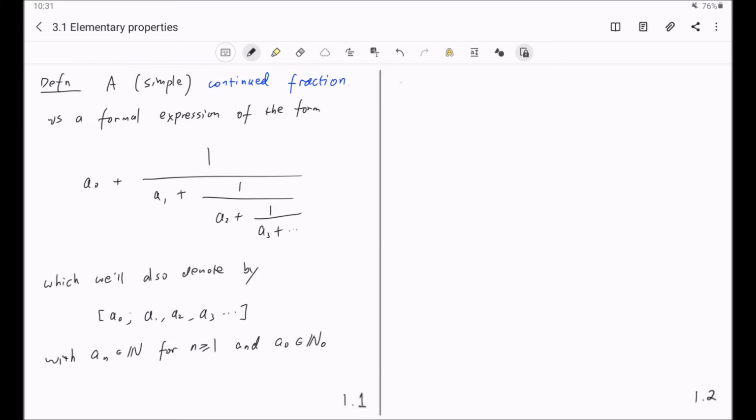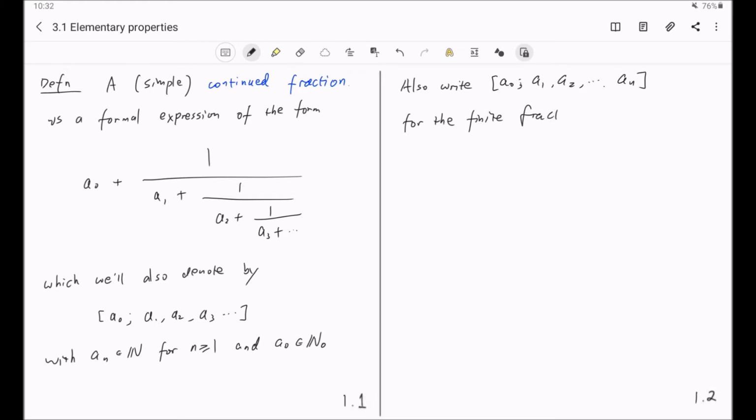And we also write a0; a1, a2 all the way through an for the finite fraction a0 plus 1 over a1 plus 1 over a2 plus ... all the way through a sub n.